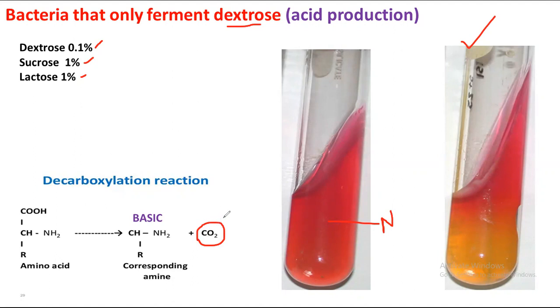There are also other chemical reactions like this, in which amino acids are converted into amines and CO2 by decarboxylation. Just look here, I'm showing you this compound. This is basically known as an amine, and an amine is alkaline.